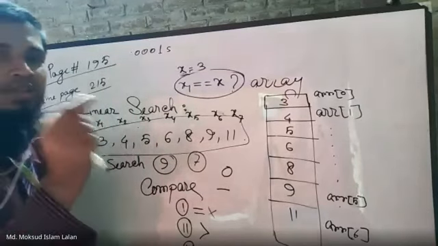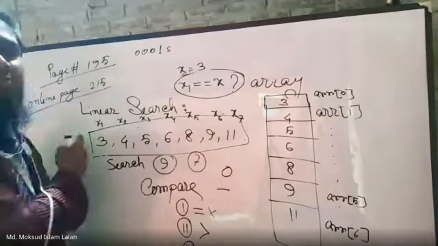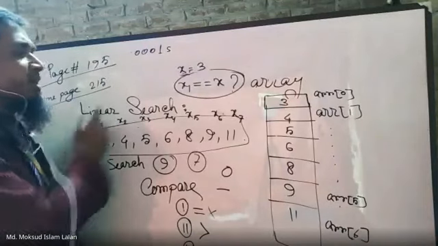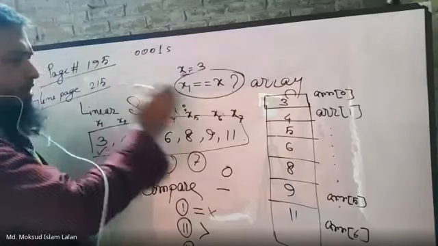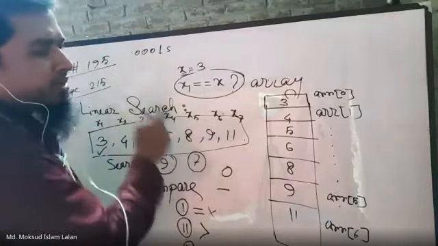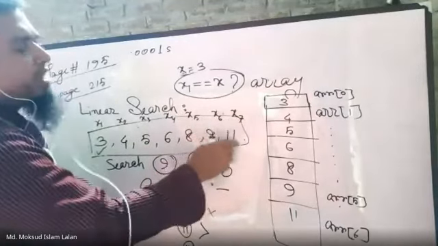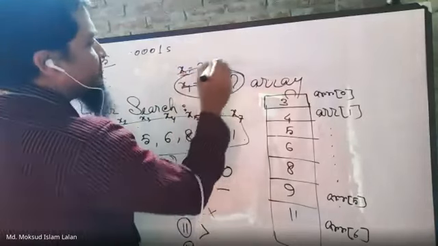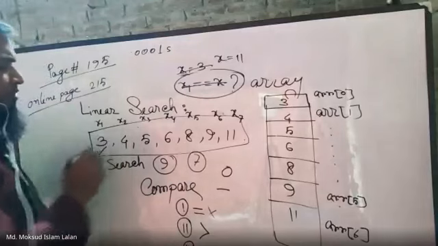So if the searching element belongs at the beginning of the list, that is very good. But if the searching element belongs at the end of the list, I mean 11, instead of 3 or 9, if we search 11, how many executions?